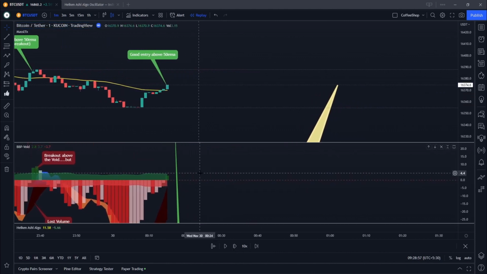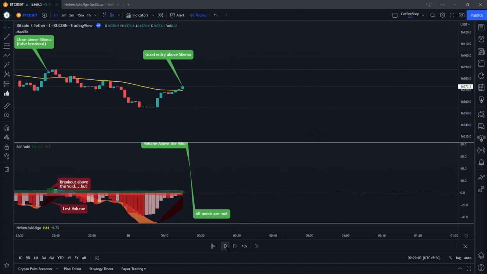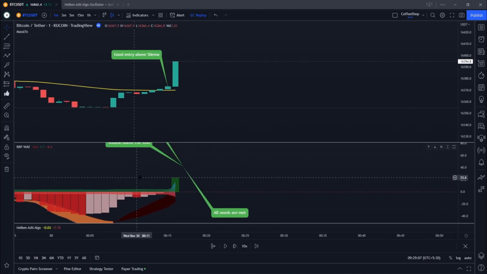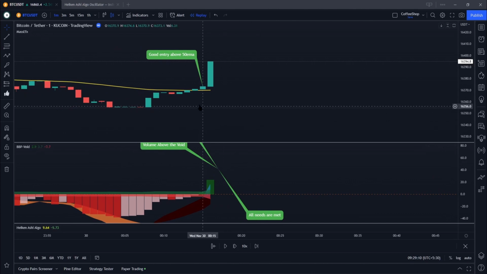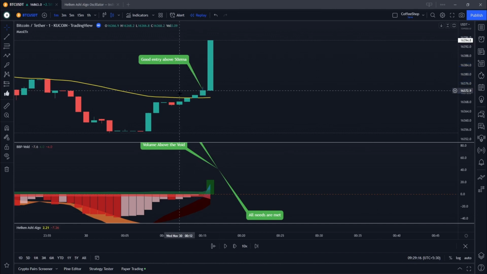And now we're here. And this looks like the big move to the upside. So yes, this is a good one. Now what happens here is right here you close above your 50. This candle closes above the 50, right? Above your EMA. This one closes above the EMA. They both do, but neither one of them has volume to the upside.